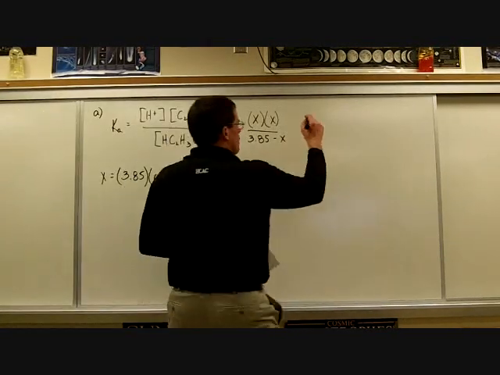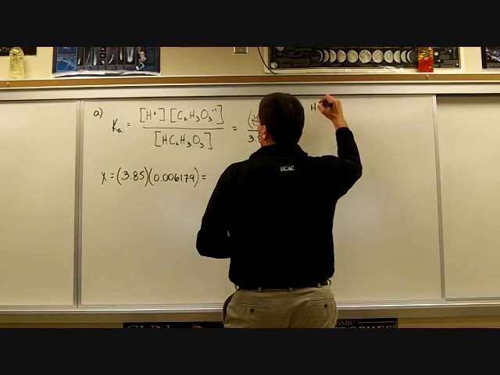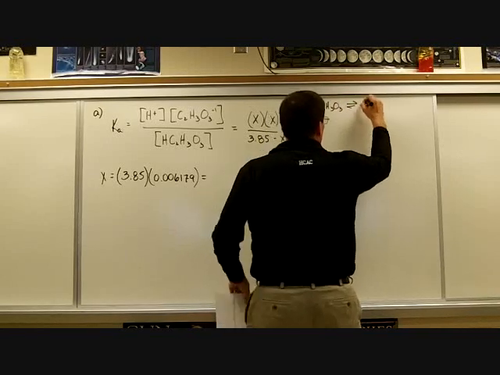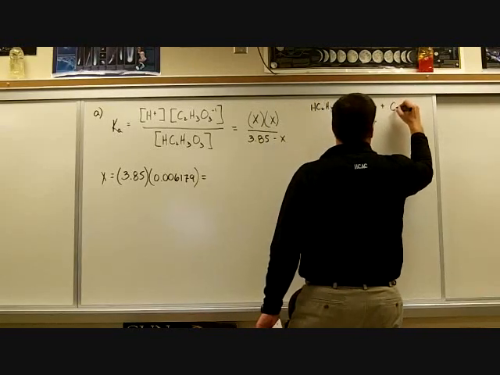Now, again, if you need to make an ice chart, I don't have a problem with that. Actually, let me do that. I'll make a miniature ice chart over here.